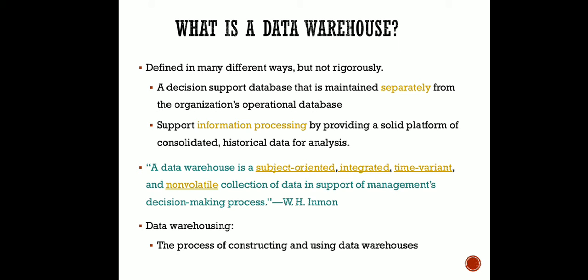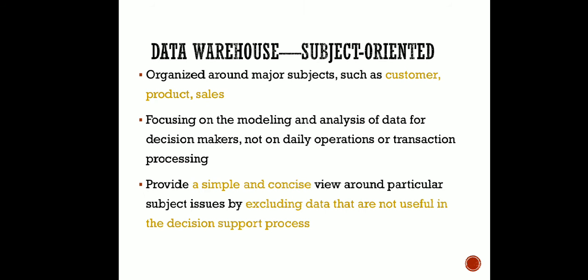Now let us first focus on our first property, that is subject oriented. You have to maintain the data warehouse in such a fashion that you can definitely say, okay, this data warehouse is based on this subject. That means we are organizing our data warehouse into different subjects such as customer, product, sales.